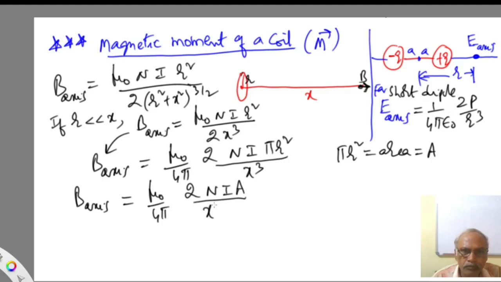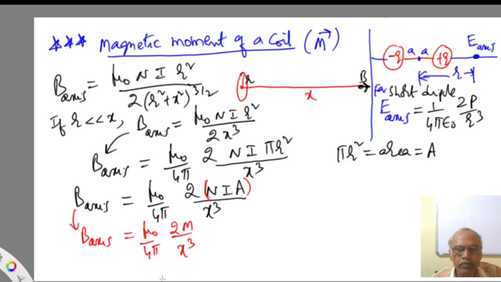This product NIA is called magnetic moment. So B axis, the magnetic field on the axis, is equal to mu naught by 4 pi into 2m by x cube.